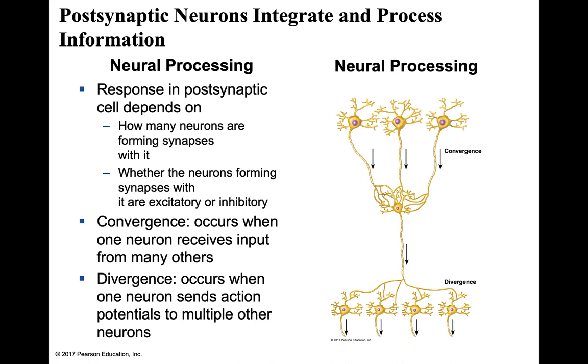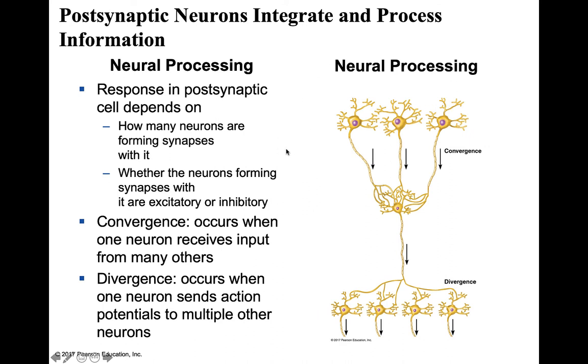Now, here we're looking at the integration and neural processing. Generally, in the postsynaptic cell, there are a couple of things going on. How many neurons are forming synapses with it? And are those neurons forming synapses excitatory or inhibitory? I want you to think about this pattern here: convergence versus divergence.